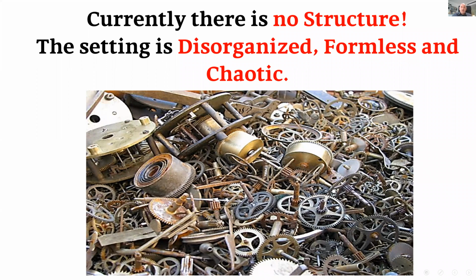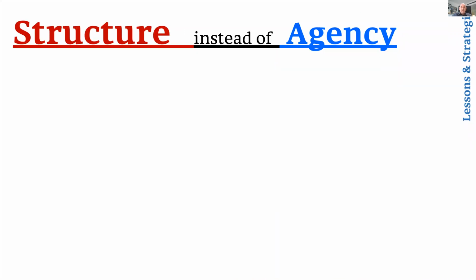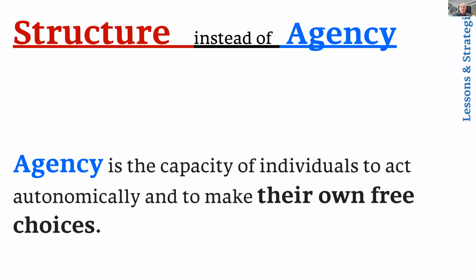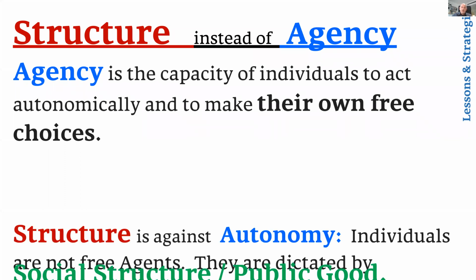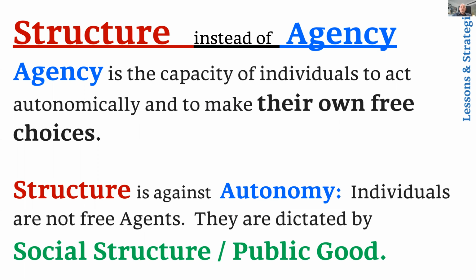You know, structure, as opposed to agency: if agency is the capacity of individuals to act autonomously and to make their own free choices, structure is against autonomy. Structure means that individuals are not free agents. They are dictated by social structure and public good.